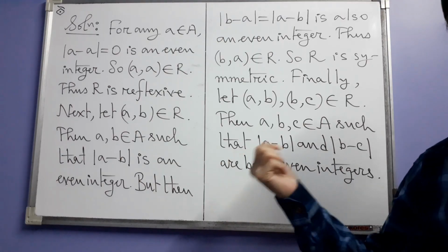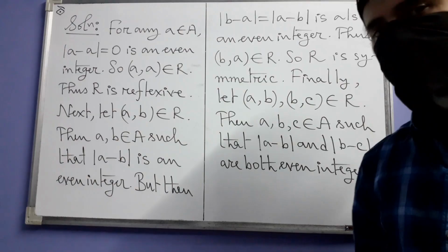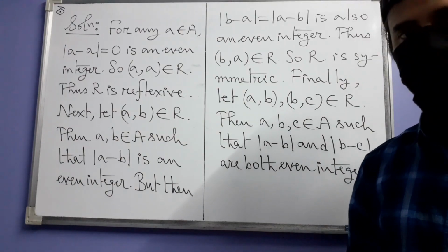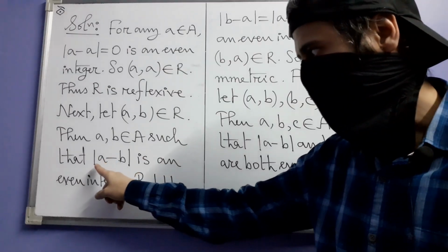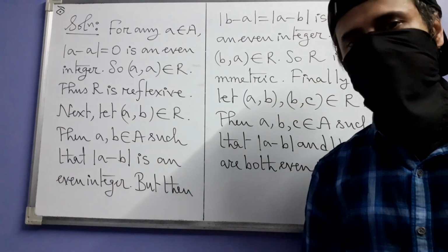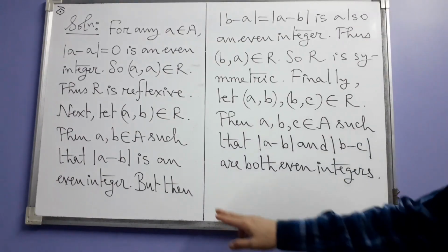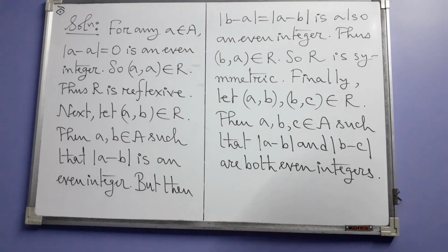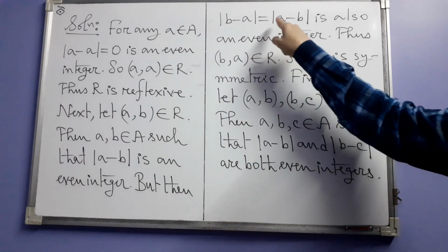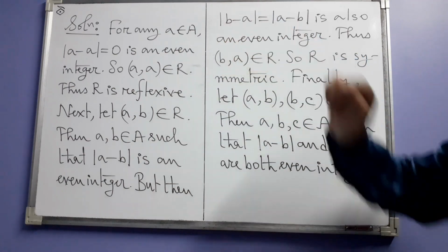Next we go for symmetry. So we take any ordered pair A comma B in R. This means that A and B are two elements in A such that this numerical difference between A and B is an even integer. But then this is also an even integer, and actually this is nothing but that difference itself, because we have modulus.